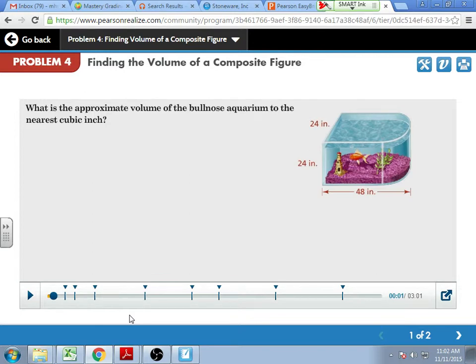Now, here's the thing. I think I put this on your notes, but if we only knew that this was 48, are we able to solve this? No. Well, no, we cannot. What if I tell you this is a semicircle? Yes, we can. Why?